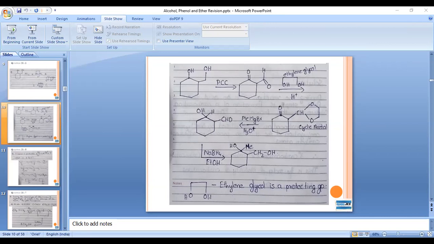The thing is, it will react with the aldehyde and the carbonyl compound is converted into a carbon having bonds with two different oxygen atoms, in a cyclic form. There, nucleophilic attack is not happening.